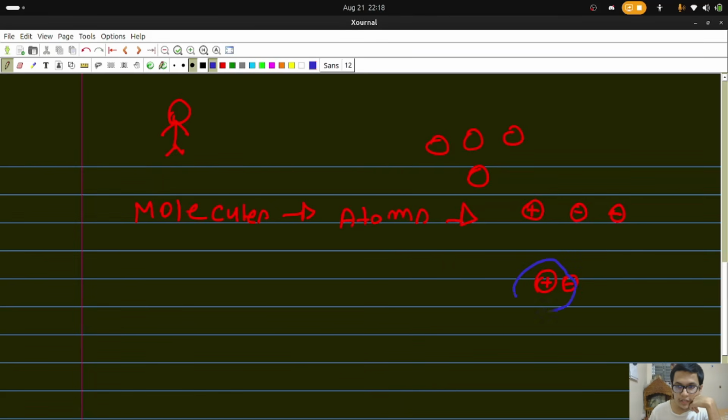Yeah, this is a nucleus, and surrounding it will be the electrons. See, that's how we are made. Protons, electrons, and neutrons. I'm going to write it here. Sorry for my handwriting, I'll try to improve.